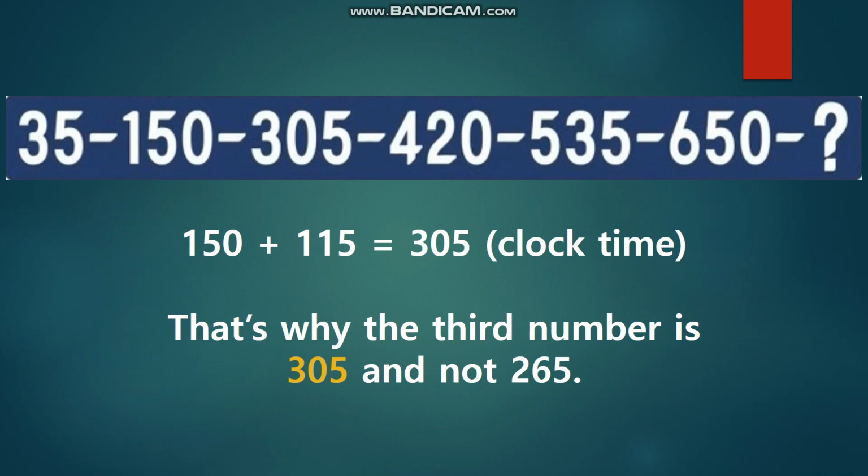Can you guess why the third number is 305 and not 265? Based on my previous explanation, if the number in tens exceeds 6, we carry 1 to hundreds. The difference is 115.